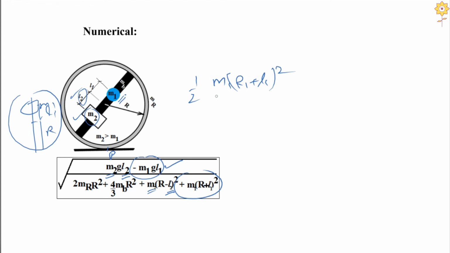So mass into the square of the distance, the second moment of mass, becomes the mass moment of inertia, into theta dot squared. This is the contribution in the kinetic energy for the mass m1. I have that particular term added over here in the kinetic energy, and the other terms remain the same. So it is r plus l1.